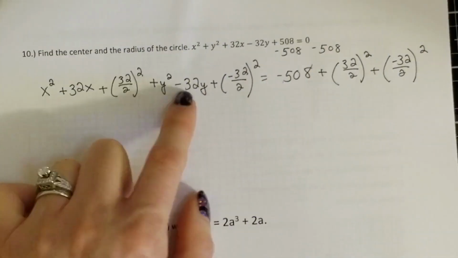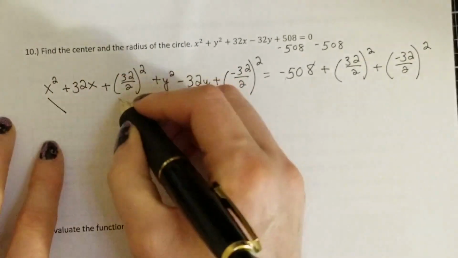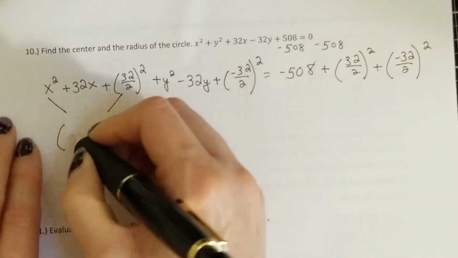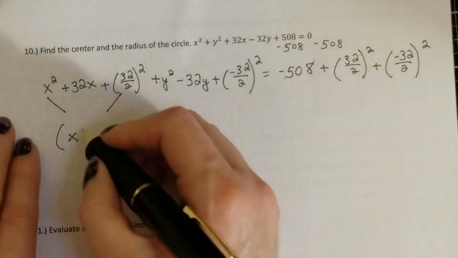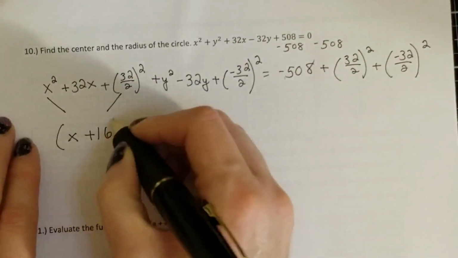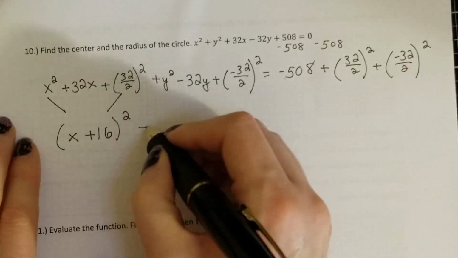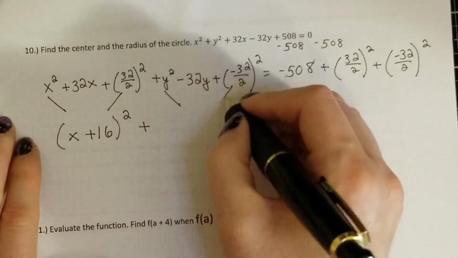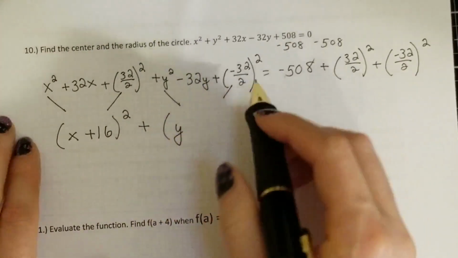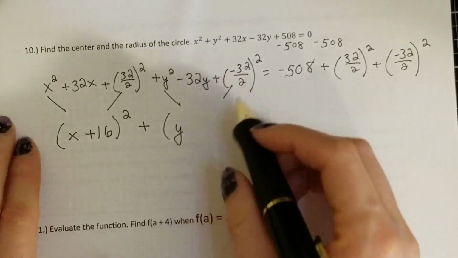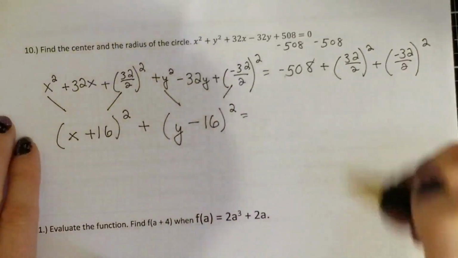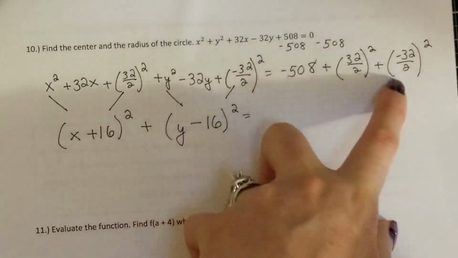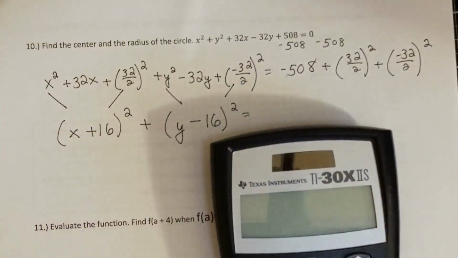Okay, so then you're going to want to put this and this together. Now you need to figure out what is 32 divided by 2. That is 16, and the 2 goes on the outside. So that and that will go together. And what is -32 divided by 2? Well, that's -16 squared.